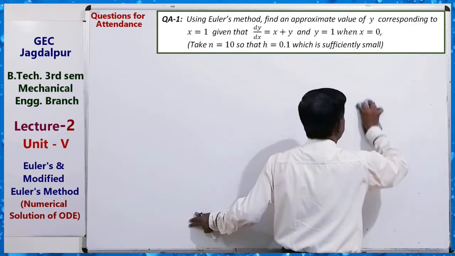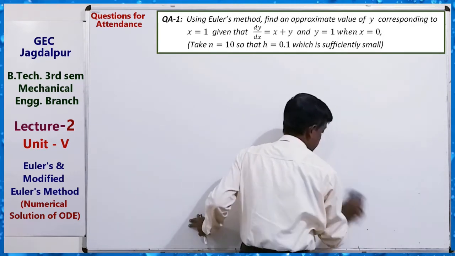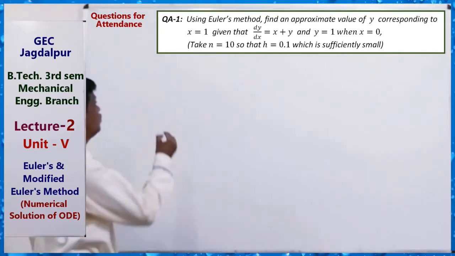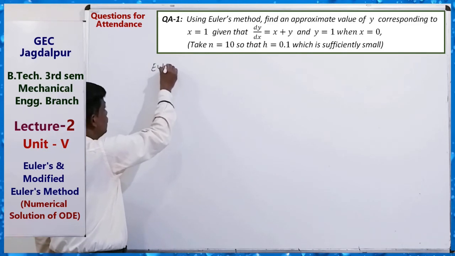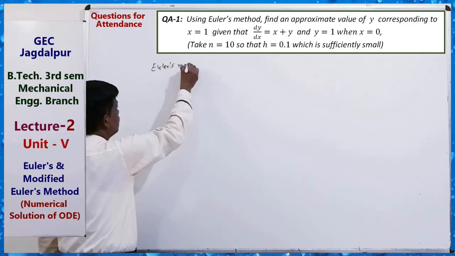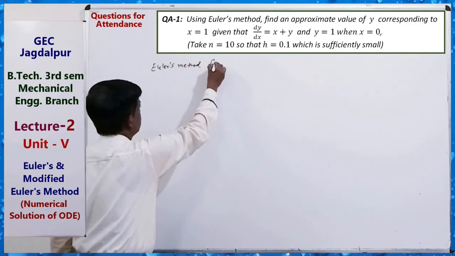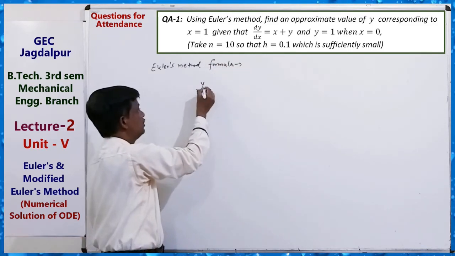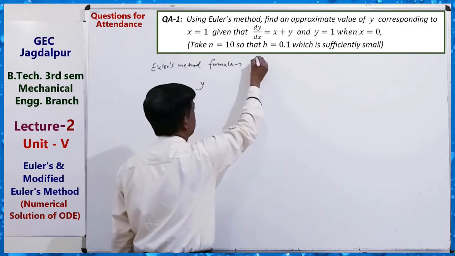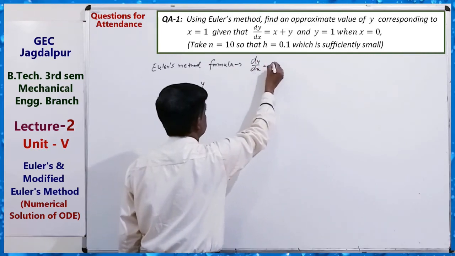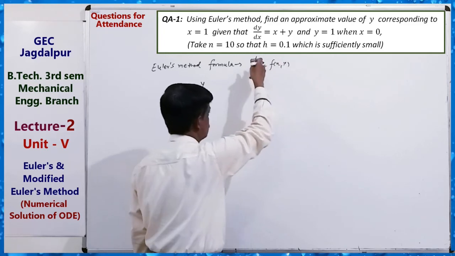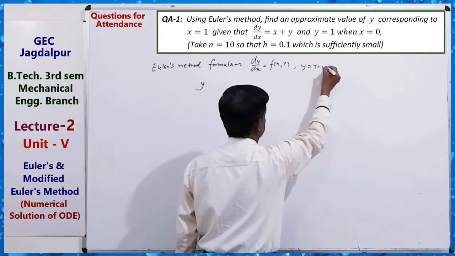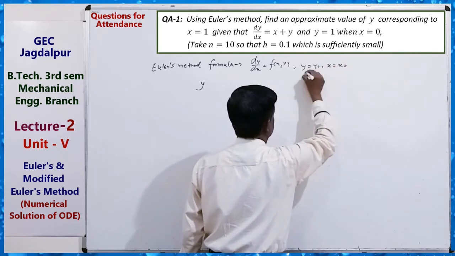Okay, now the process of Euler method. What is Euler's method formula? Just for the question dy by dx equals to f(x,y), this is the slope, and here y equals to y0, x equals to the initial value.